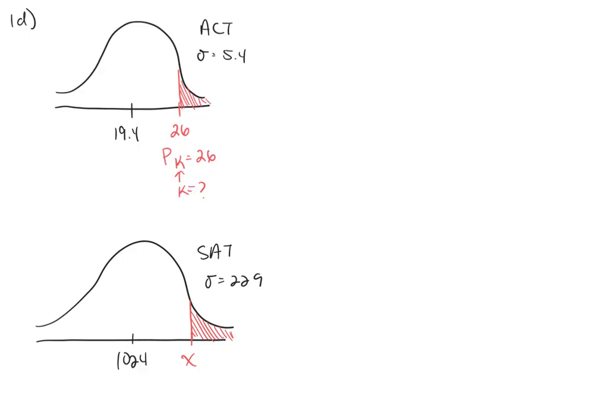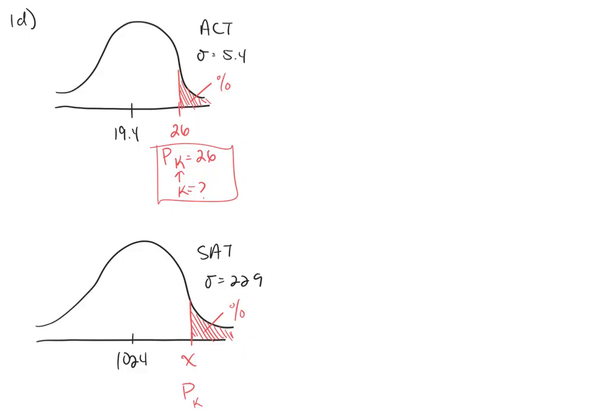I know my drawing is not to scale, but the shaded area in red on the SAT should be the same as the shaded area on the ACT distribution. So once we know what percentile an ACT score of 26 is, we can use that same percentile on the SAT distribution.